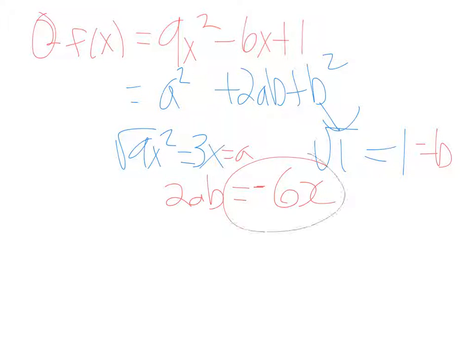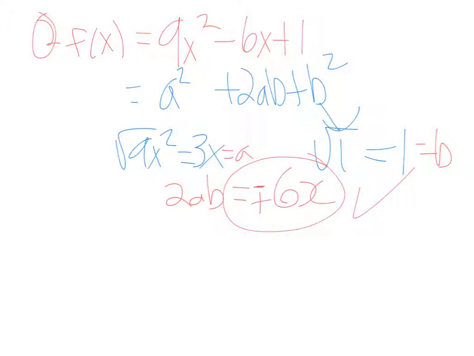That's fine. So if it's minus 6x there, I know that it's going to be 3x minus 1. So instead of 3x plus 1, this will be 3x minus 1. So minus or plus works. I just have to pick the correct sign. Since that right there is a minus, I'm going to have to pick a minus there. It's going to have to be minus 1. Okay, so it works. I've got double a times b.